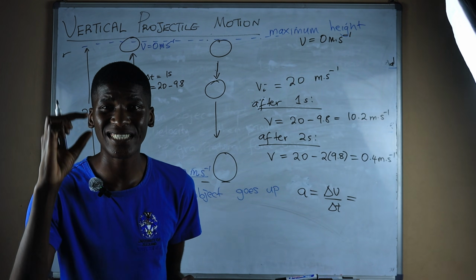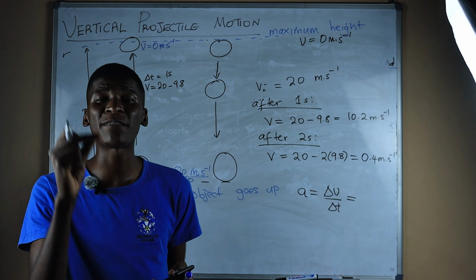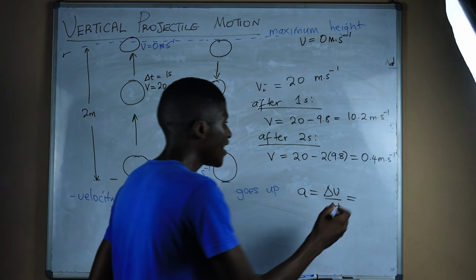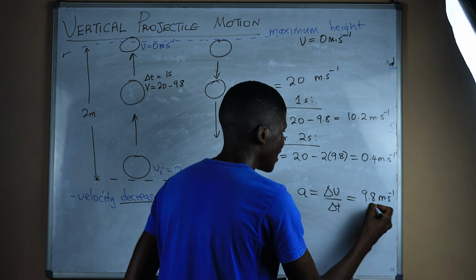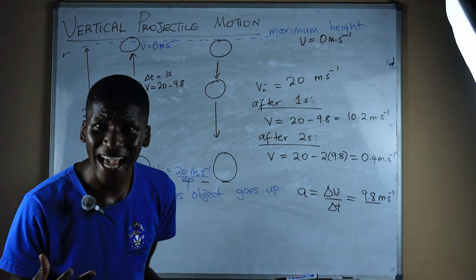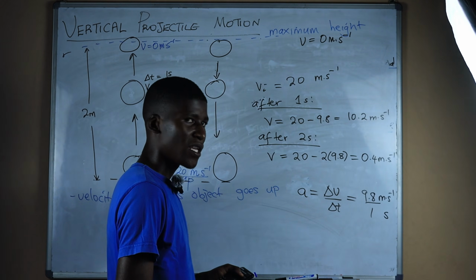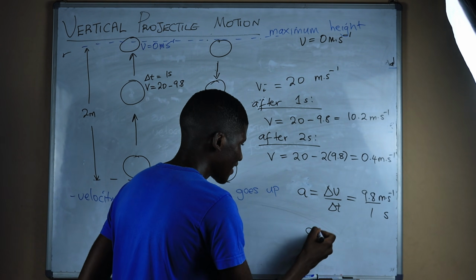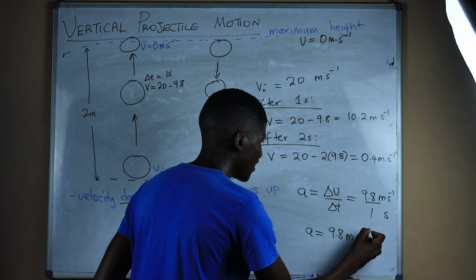By how much does the velocity change? It changes by 9.8 meters per second. After how much time does that happen? After 1 second. So that's why we say that the acceleration of a projectile is 9.8 meters per second squared.